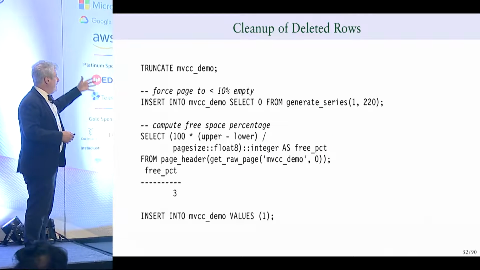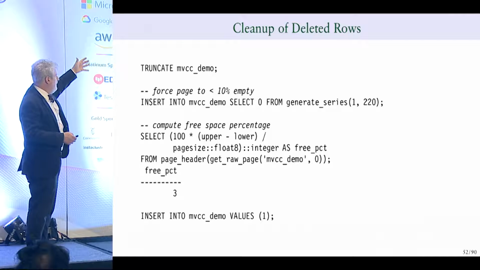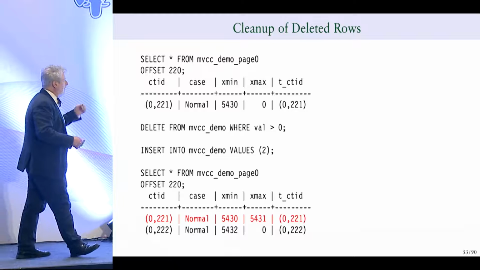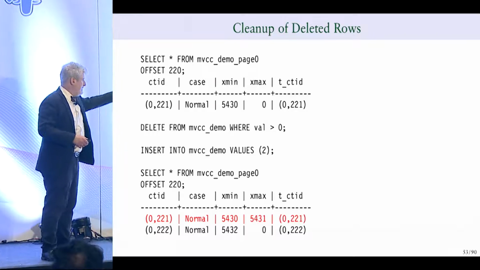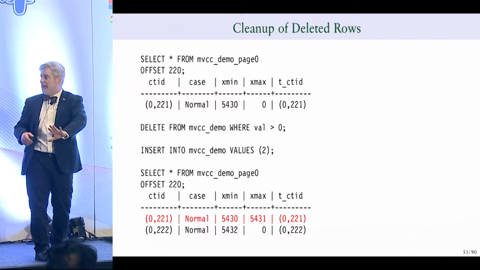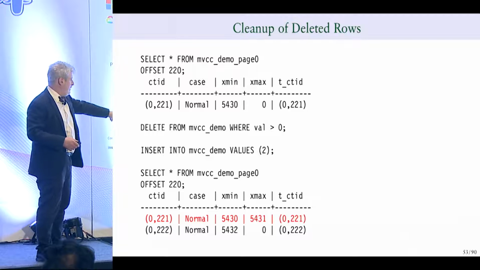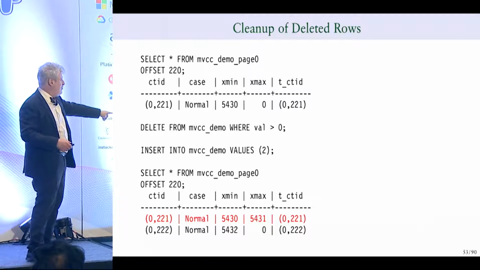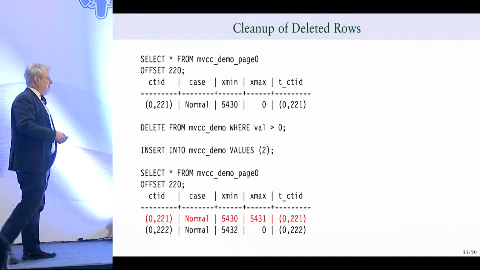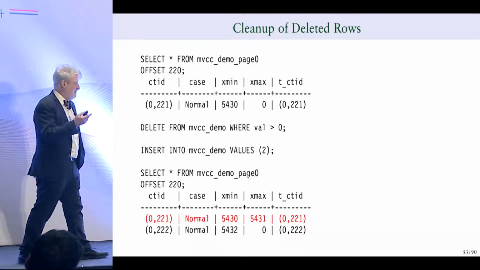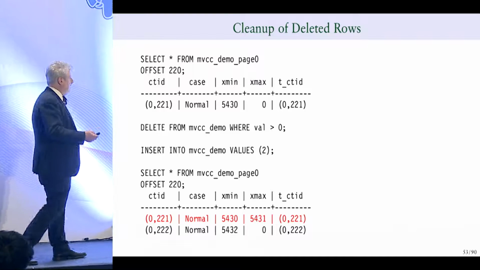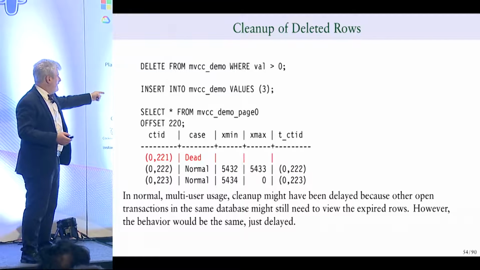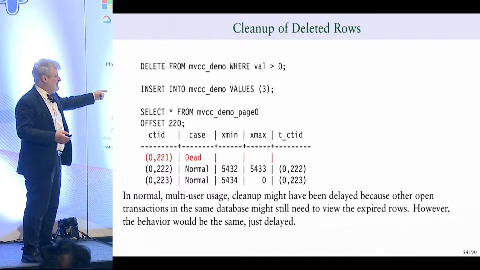Okay, so let's take a look at what this looks like. We're going to fill a table to 3% full. We're going to insert a row, and here we're seeing internally what's happening in Postgres. You can see I have a row right here, 221, and then 222, and you can see that 221 is expired, because I just know that that's a dead row. Nobody can see it. So if I do an insert and a delete, and I do a select again, notice 221 has been marked as dead.